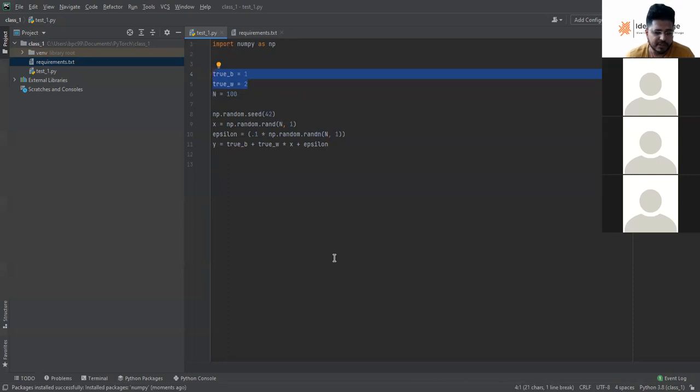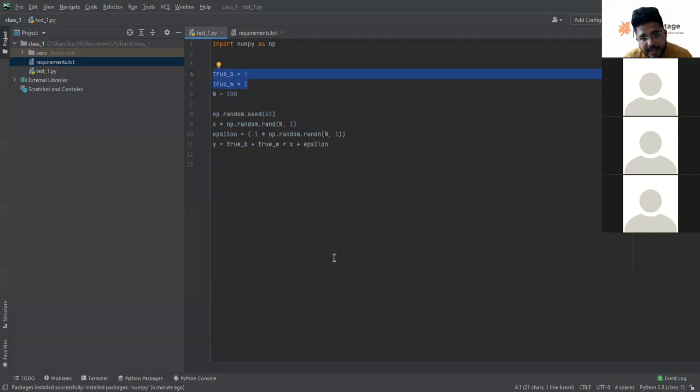So I have to initialize b and w to a certain value and then start generating data. But that b and w may not be the best one. As we all know, in linear regression, we gradually reach a value of b and w which is the best fit line. Theoretically we know that, but we have to start from somewhere, right?